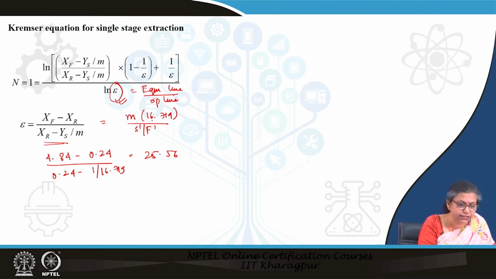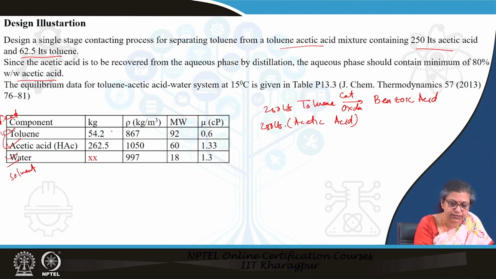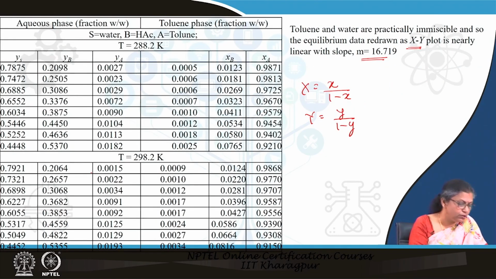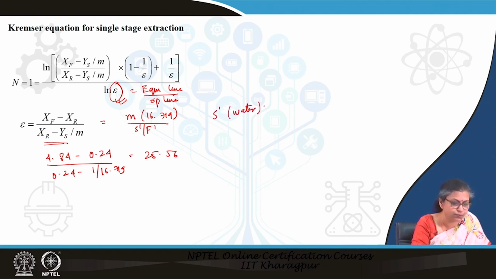Then if we substitute it in this particular equation, we know that the total amount of feed, which I have already shown you here, the toluene, is 54.2 kgs. So, therefore, we get the total amount of water that will be required, S prime, which is nothing but the water in this particular case, to be about 35.5 kgs of water.